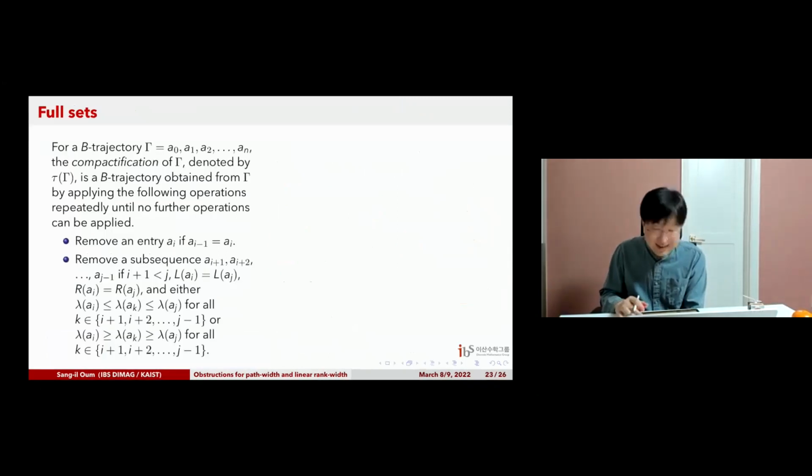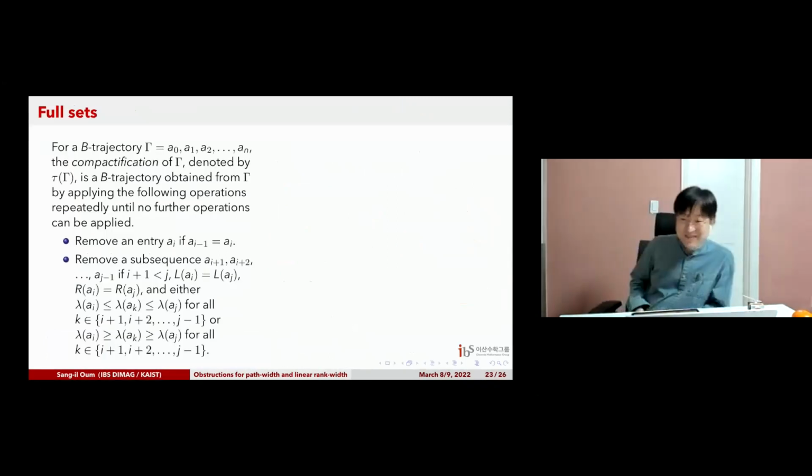And so far, there may be a lot of bit trajectories, but it turns out that you only have to remember a finite amount. And here's an operation.